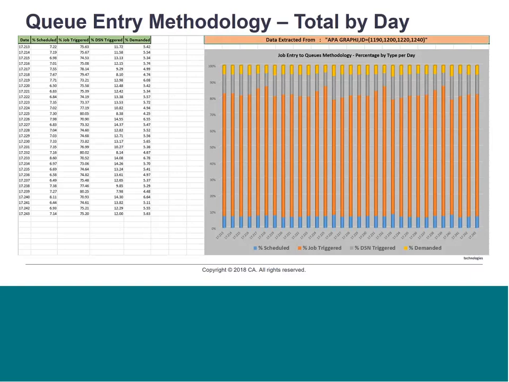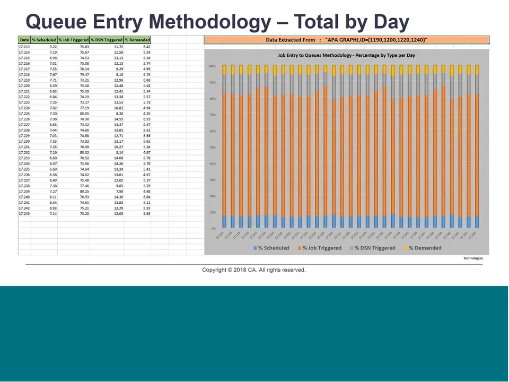So here we have a view on a day-by-day basis for the period in question using various APA graphs. You can see the percentage of jobs that are scheduled, triggered by jobs, triggered by data sets, and demanded. This particular sample data shows a very good system where a very small amount, less than 10% per day, are being scheduled.